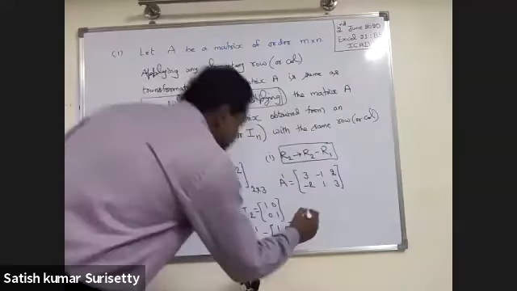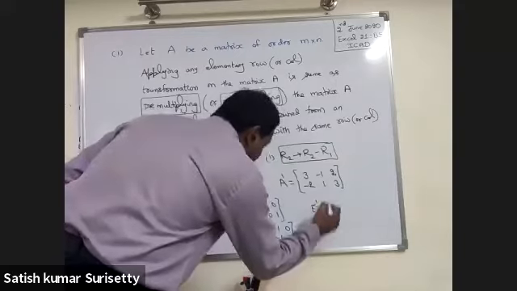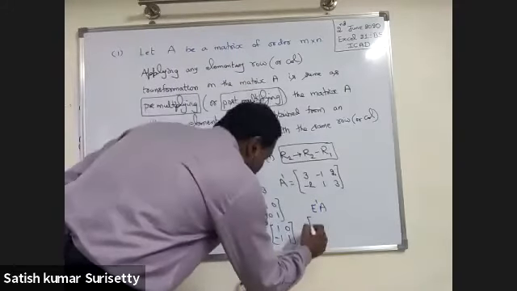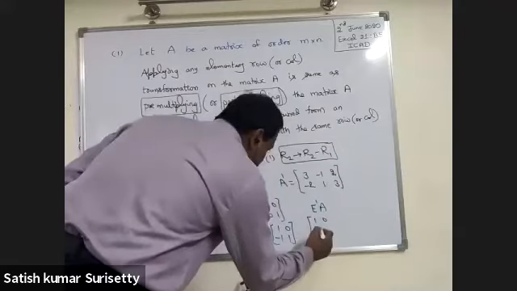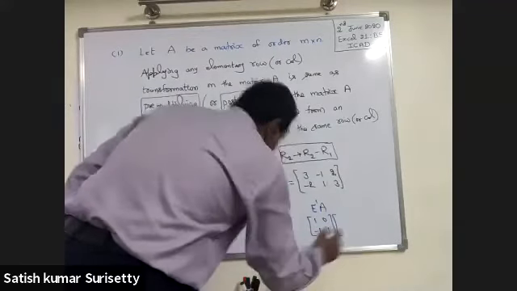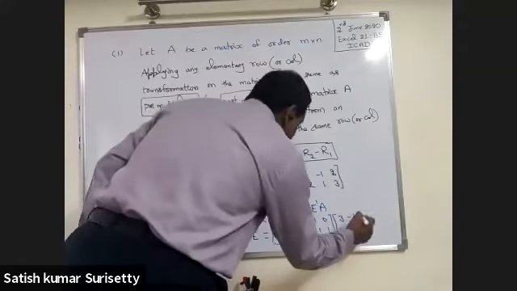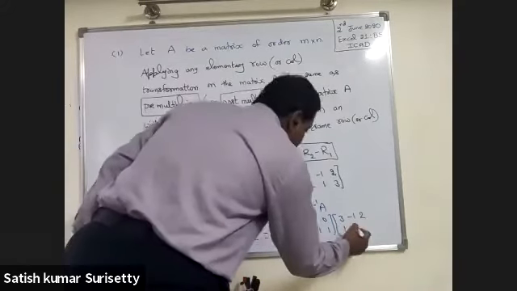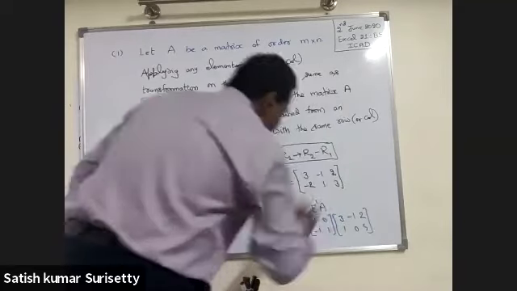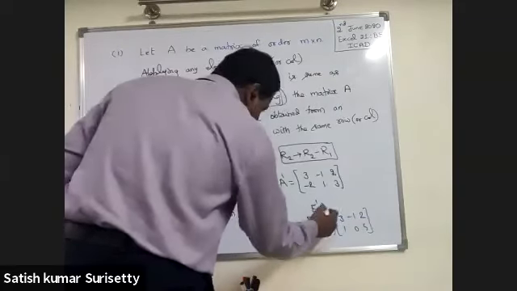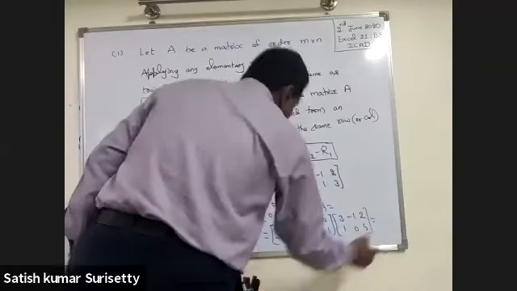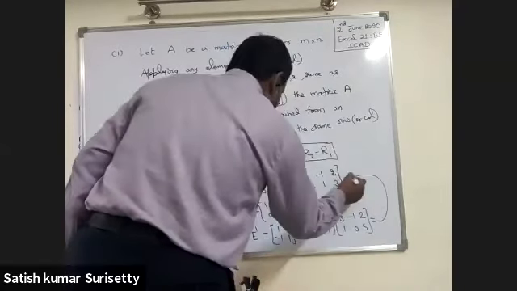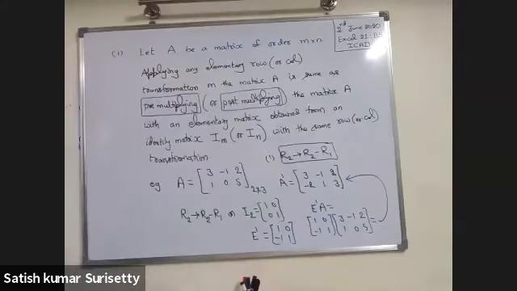That means now you take the product E dash and A. E dash is [1 0; -1 1], and A is [3 -1 2; 1 0 5]. Now check, is this product the same as A dash or not?